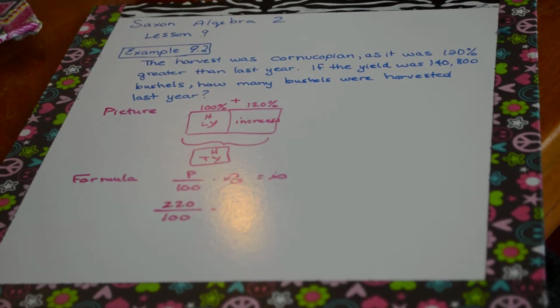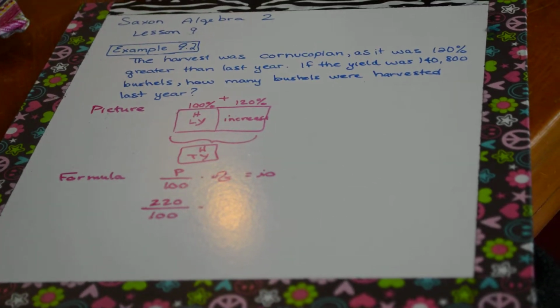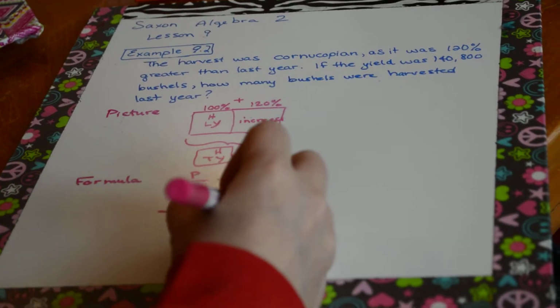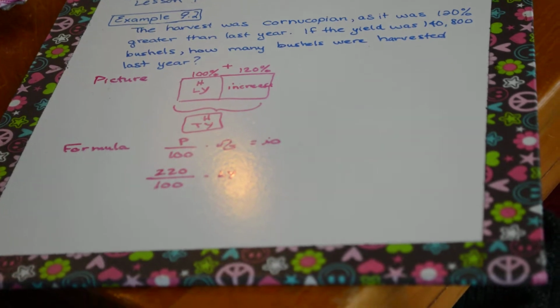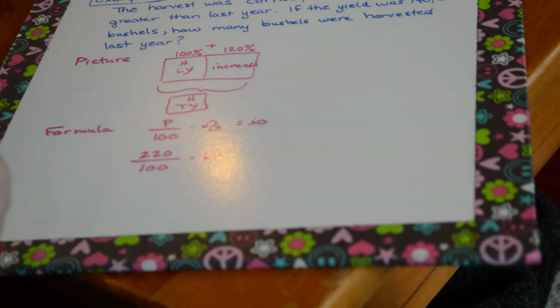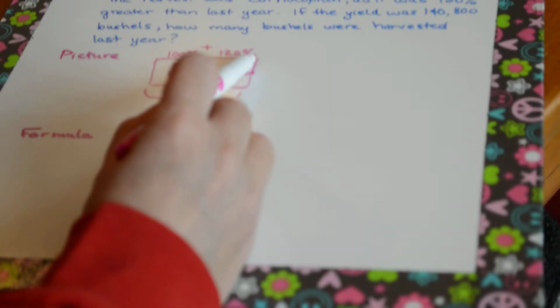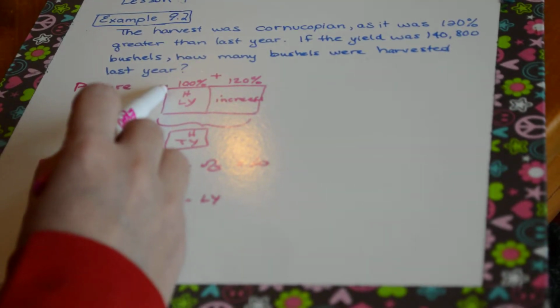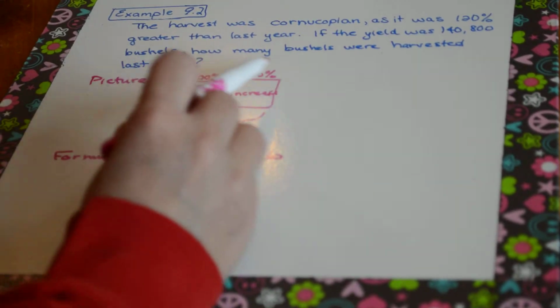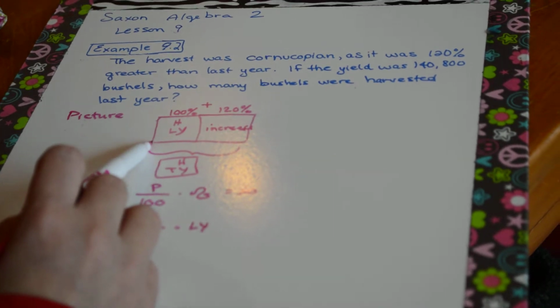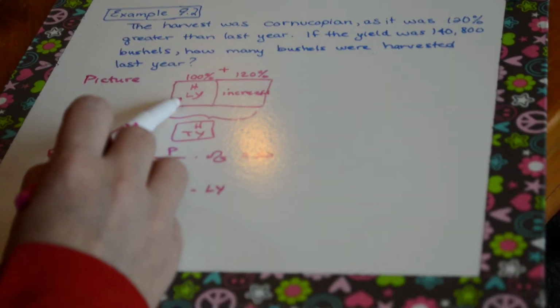So 220% of last year. Does that make sense? I took all of my gains plus last year's harvest, and this new number is going to be 220% of last year's.